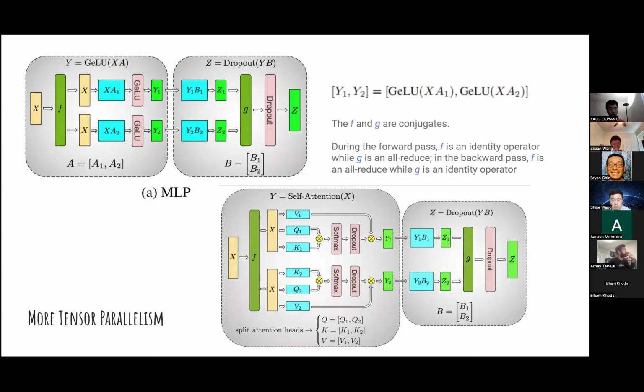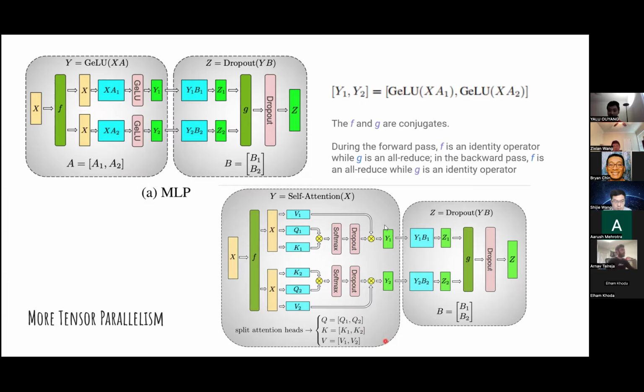But we could actually split the A into equal partitions. And due to the nature of GeLU, this is what we'll be getting. So this is a mathematical proof of why we could split it up vertically, so to speak.